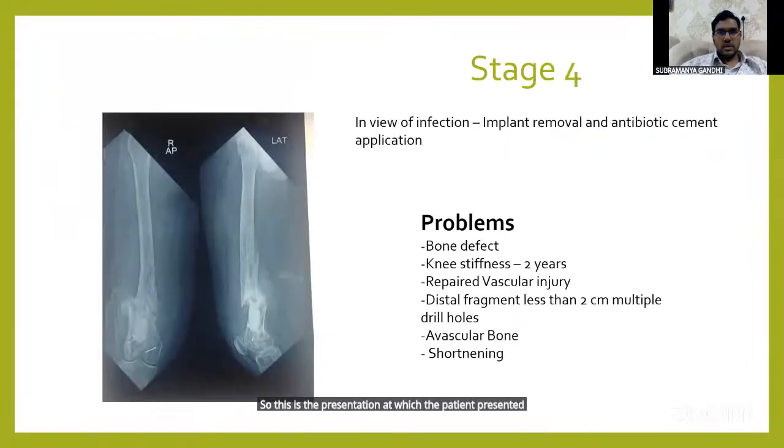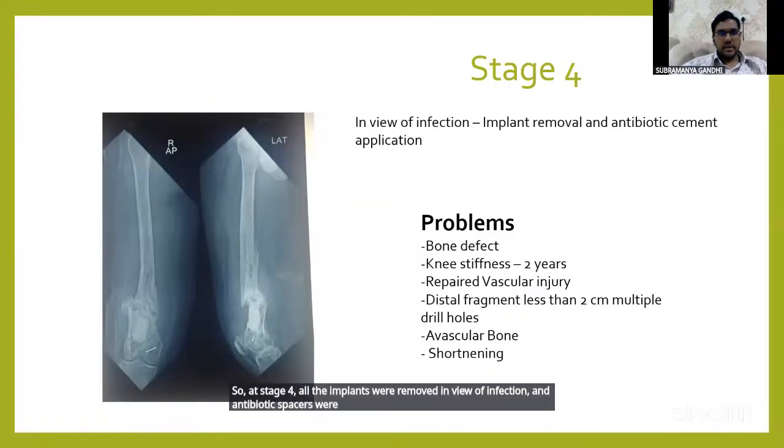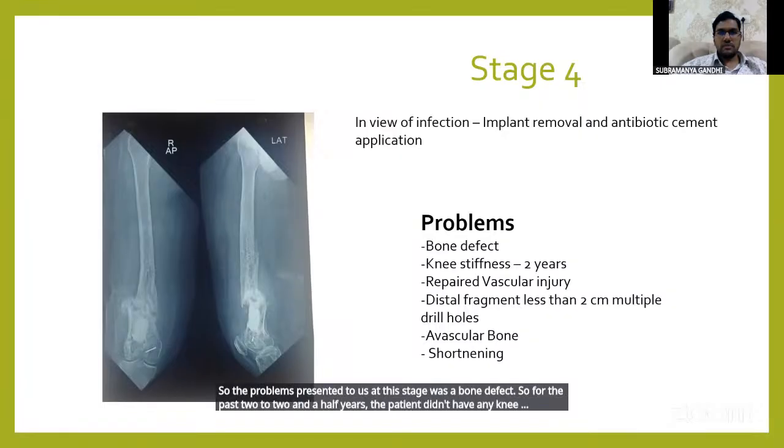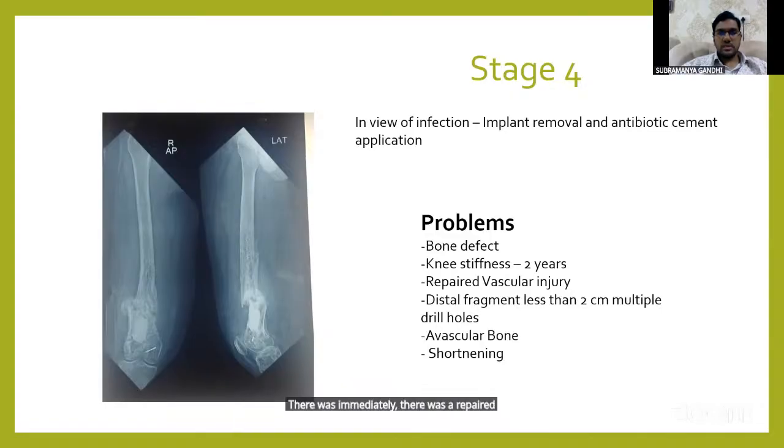So at stage 4, all the implants were removed in view of infection and antibiotic spacers were placed. So the problem presented to us at this stage was a bone defect. For the past 2 to 2.5 years, the patient didn't have any knee movement, so the knee went into stiffness. There was a repaired vascular graft present.